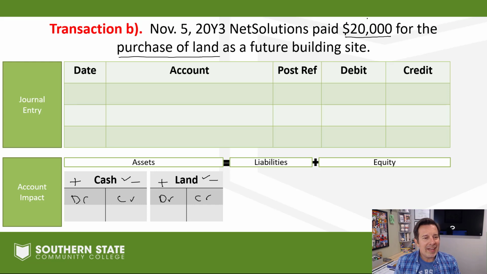So as we're looking at that, one account has to go down, one account has to go up here. The land is going up, the cash is going down. So let's go ahead and journalize that. 11.5. Land moving up to the tune of 20,000. 20,000 bucks. And our cash account is going down.